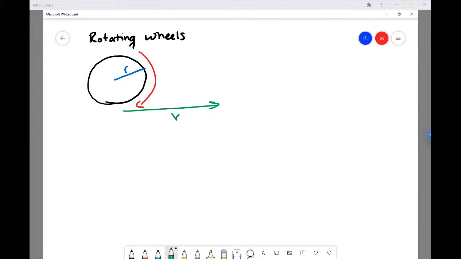So it's got a speed, and its rotation can be quantified as an angular rotation, omega. Omega has units of radians per second. Speed has units of meters per second, and radius has units of meters. Okay, I'll put those in parentheses.